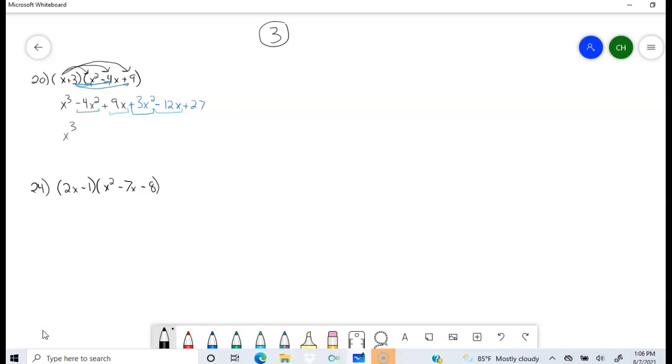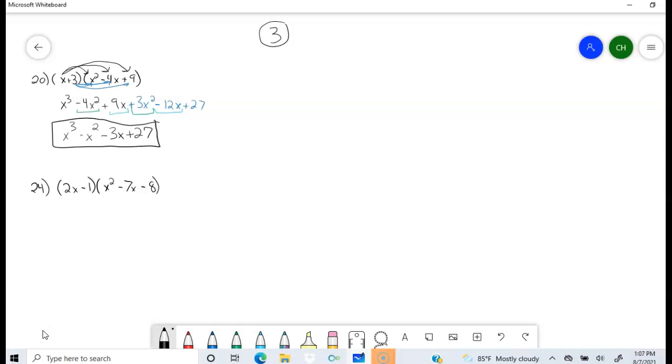Negative 4x squared plus 3x squared is just negative 1x squared, positive 9x minus 12x is minus 3x. And then plus 27, just carry that one down. And we're done.